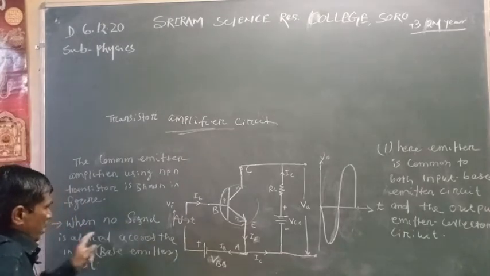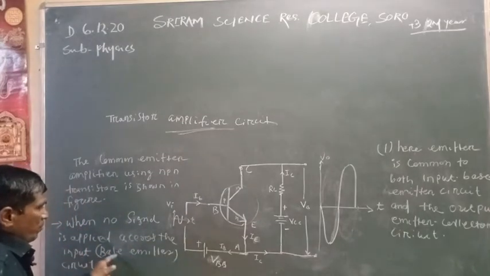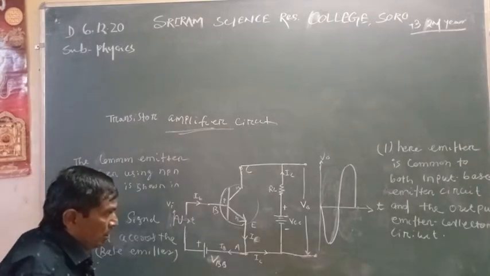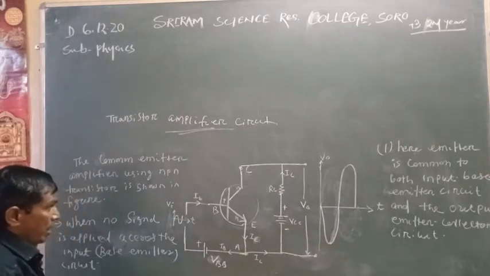Now, when no signal is applied across the input base emitter circuit, what happens?